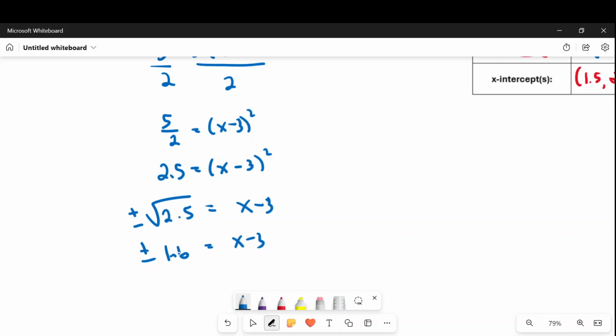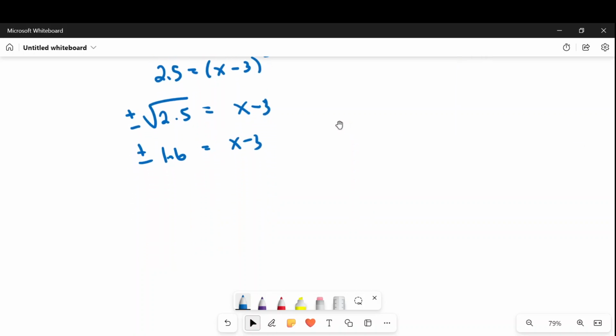What the plus or minus really means is that I actually have to work on two different equations now. One of them is the positive version that says positive 1.6 equals x minus 3. And the other is the negative version. And that's how I'm going to get my two x-intercepts that I saw when I graphed it.